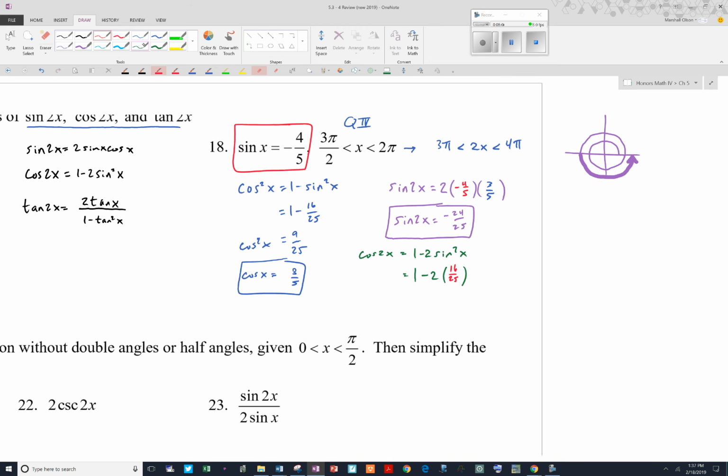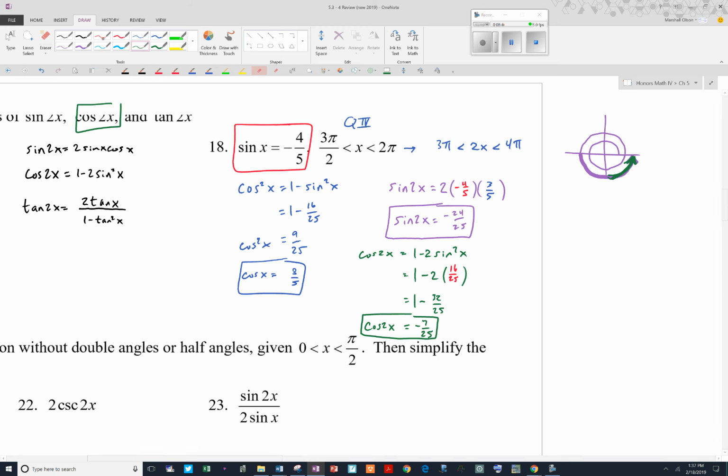So this is going to give us 1 minus 32/25. So we have negative 7/25. All right, now that just kind of locked down where exactly the angle 2x is. We know it must be, since cosine is negative, it must be somewhere actually here. That's cosine of 2x.